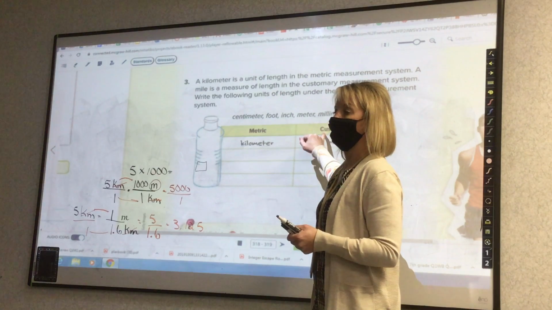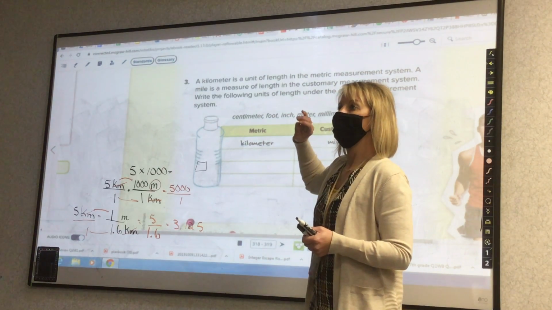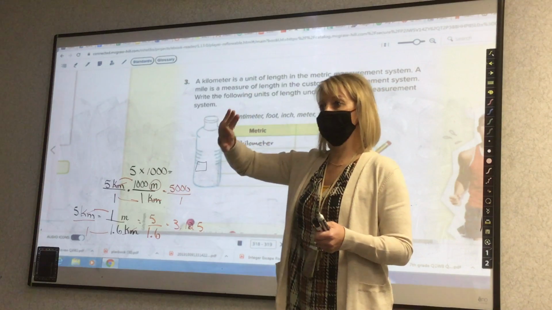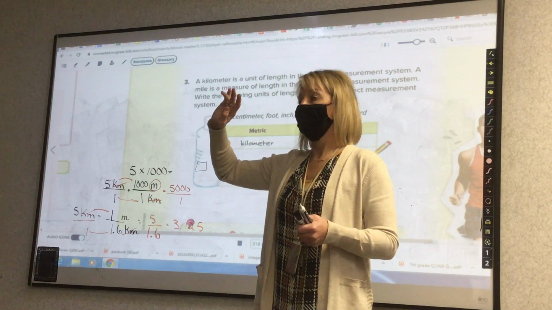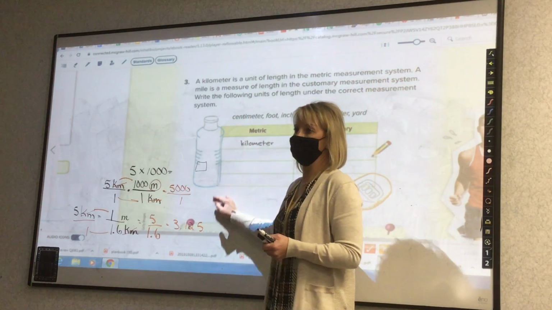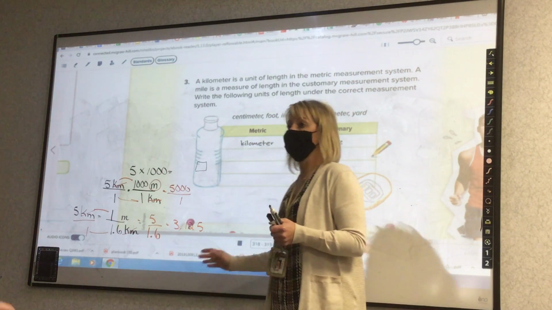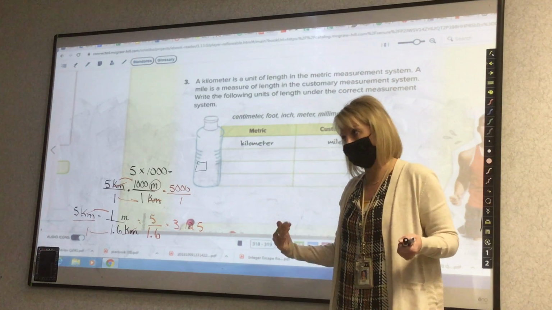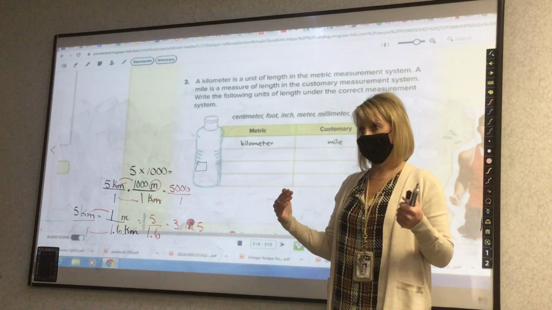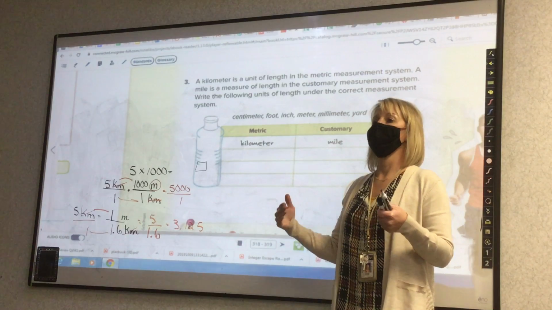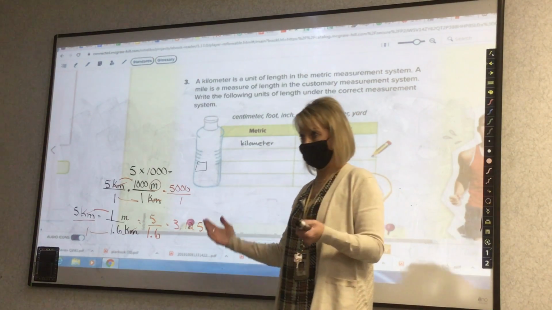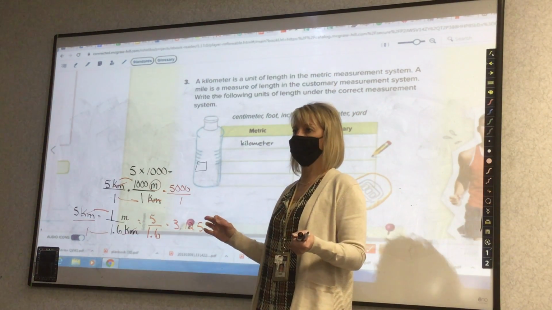Like millimeter, centimeter, meter, kilometer? That's all a metric type of measurement. Does that make sense? Then customary is what we use in the United States and nobody else uses it, which is inches, feet, yards, miles. Does that answer your question?